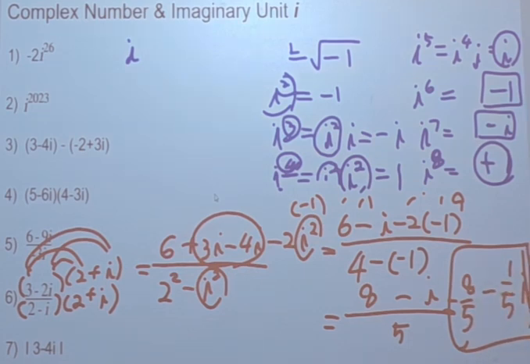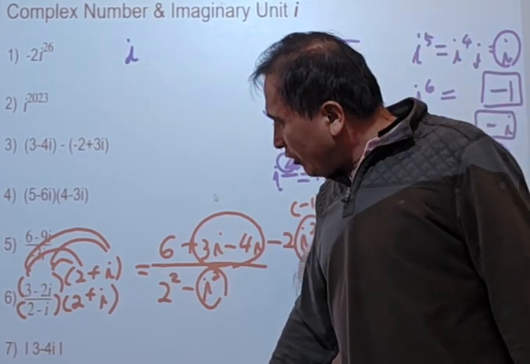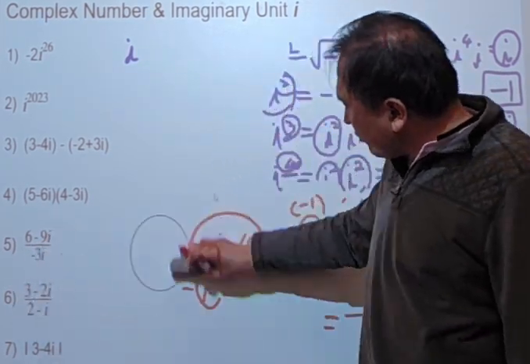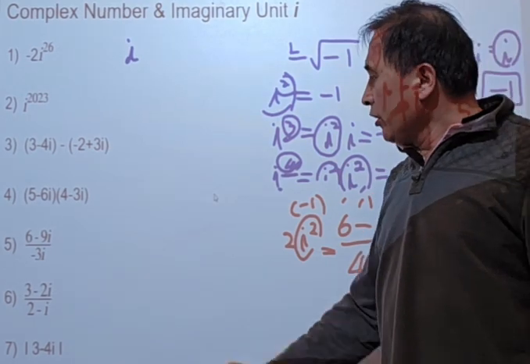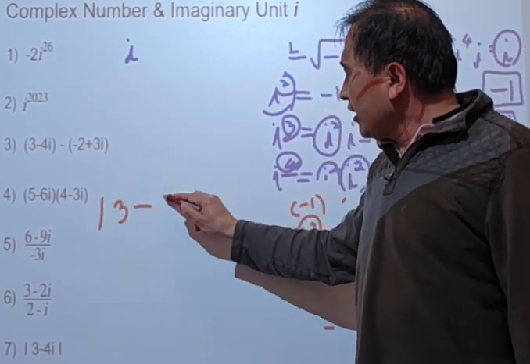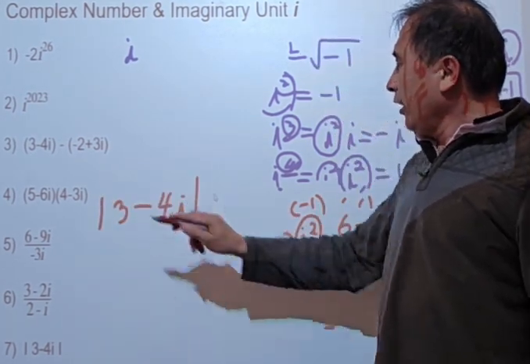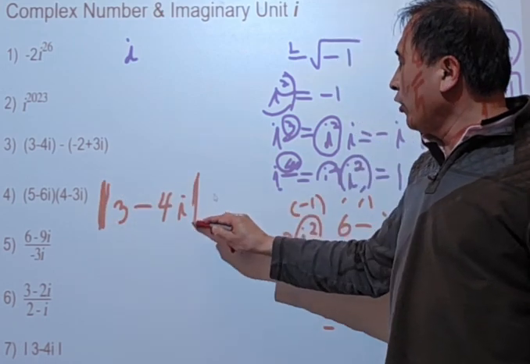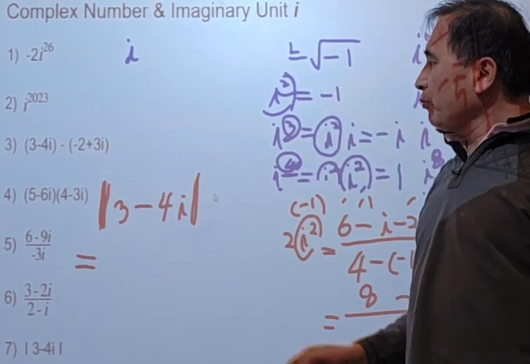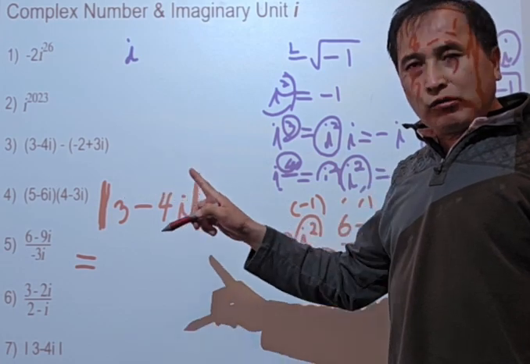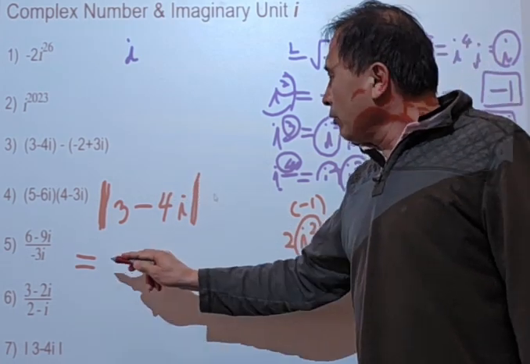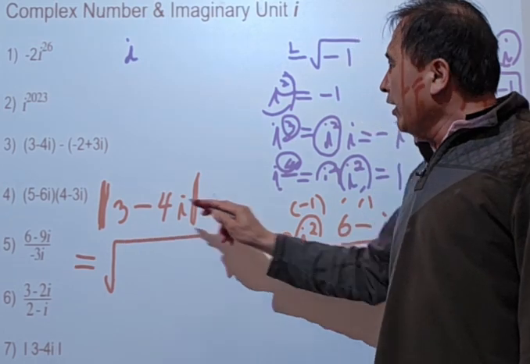That's the answer. And last thing, when you see the absolute value sign around a complex number, like 3 minus 4i with the absolute value sign in front of it, we call it the absolute value of this complex number. It's the distance from the origin to that point, but you can find it this way.